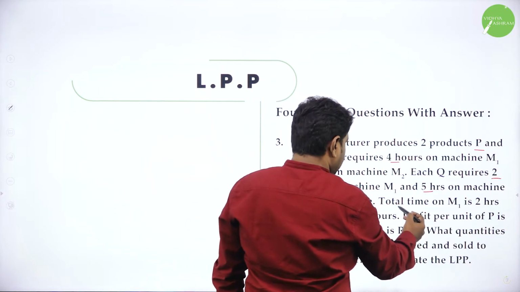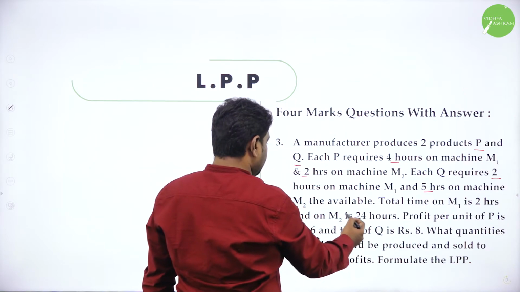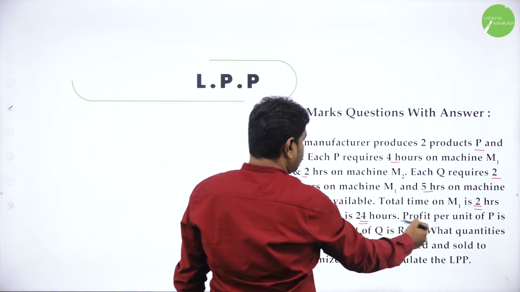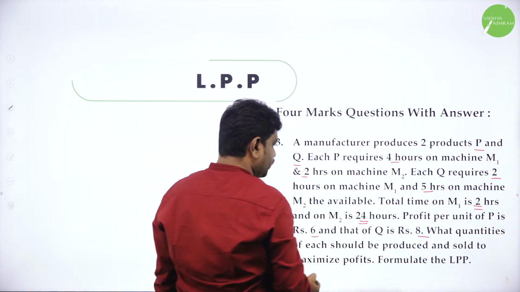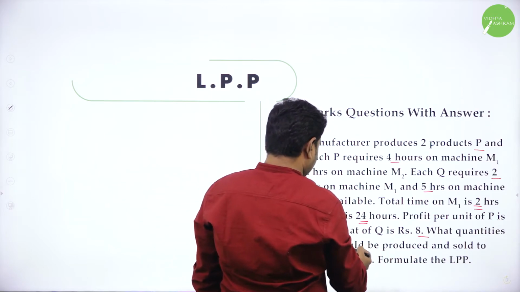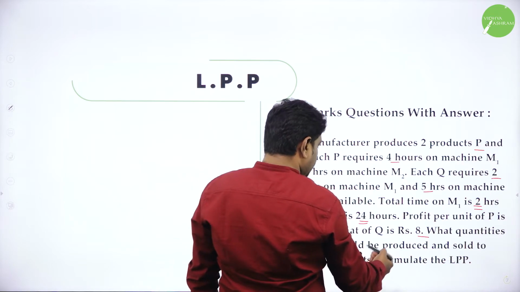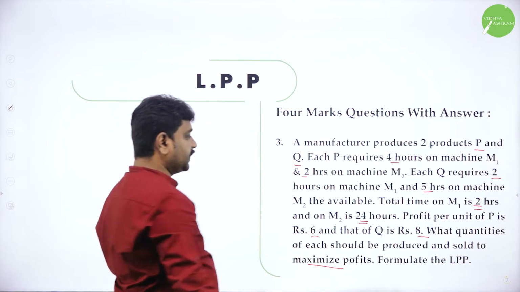The total time available on machine M1 is 2 hours and on machine M2 is 24 hours. Profit per unit of P is 6 and profit per unit of Q is 8. They give the profits also. What quantities of each of P and Q should be produced and sold so that it will maximize the profit?